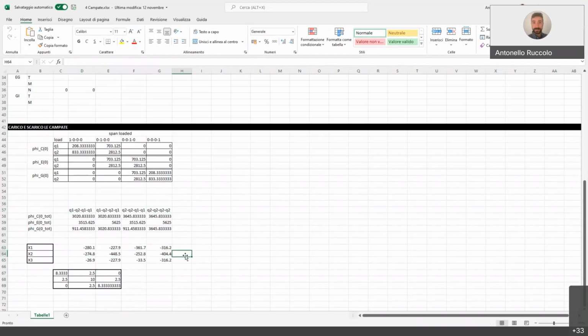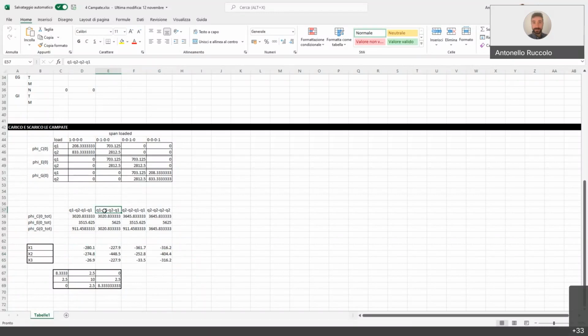What is most interesting is if we want to consider the minimum bending moment ever associated in the structure in the node E, so it would be x2, we can find that the minimum possible bending moment is found when we load only the two adjacent beams.